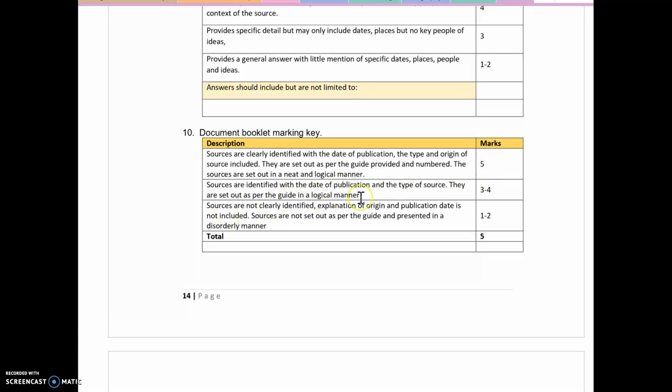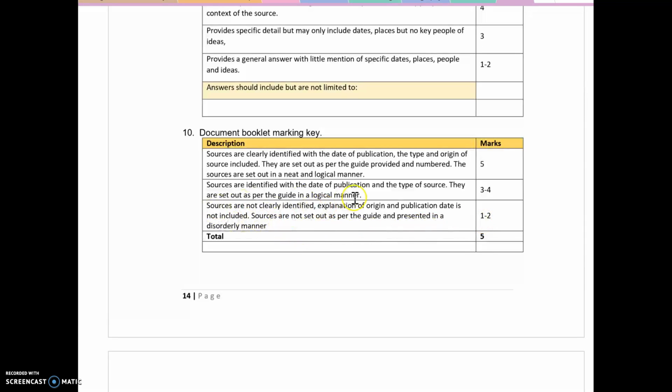If you identify them with the date of publication and they're set out and the type, that's fine. But here you're missing the origin. Okay, origin is important. So again, choose a source with a good origin. If you can't find the origin, don't choose the source. Okay, but you get 1 to 2 if you're missing bits.